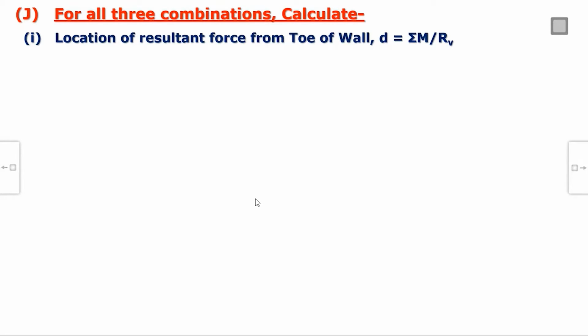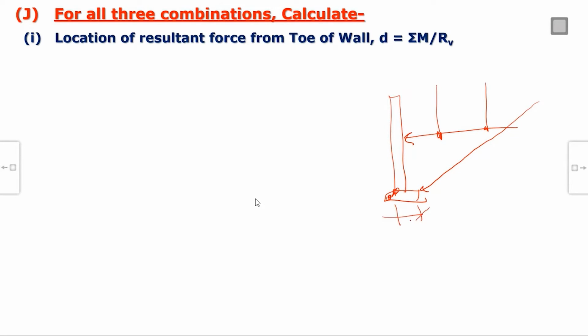Now for all these 3 combinations, one by one, you must first calculate the location of resultant force from toe of the wall. If this is toe of your wall, this point, and you have got some vertical forces, you have got some horizontal forces, where is the resultant striking here?